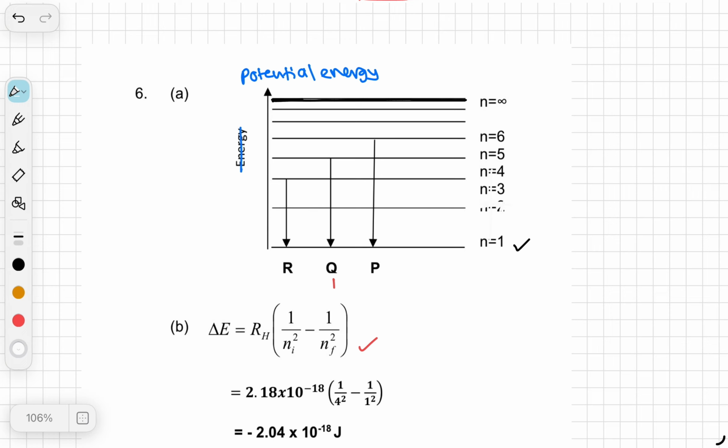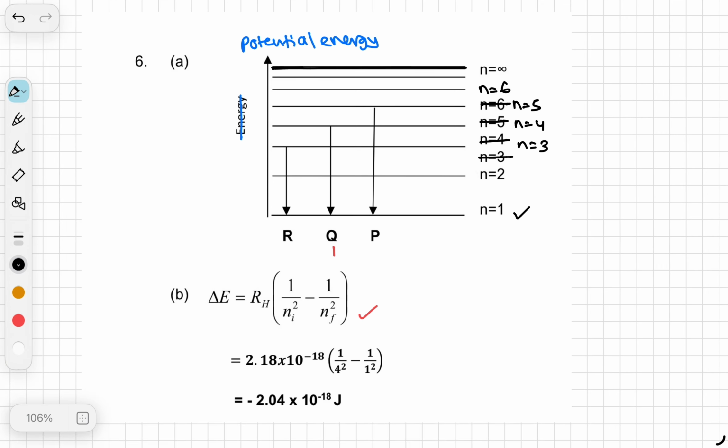Let me just cancel it and write it better. Okay, this would be n=3, this would be n=4, this would be n=5, and this would be n=6. Much clearer now.